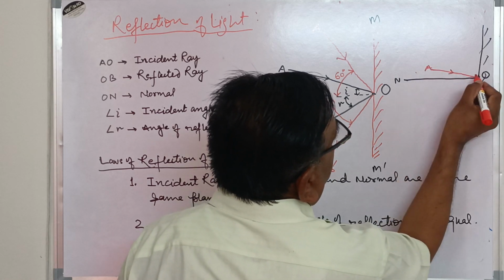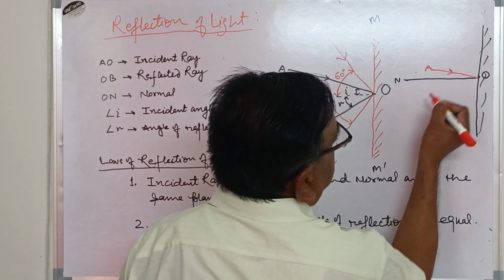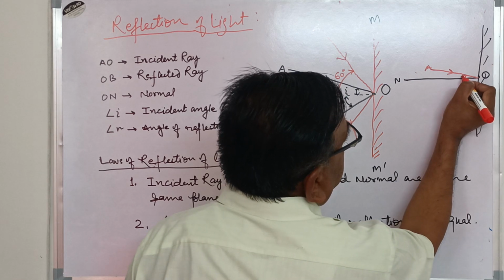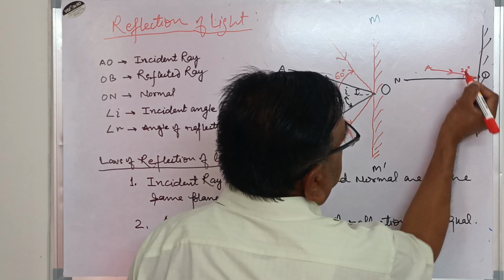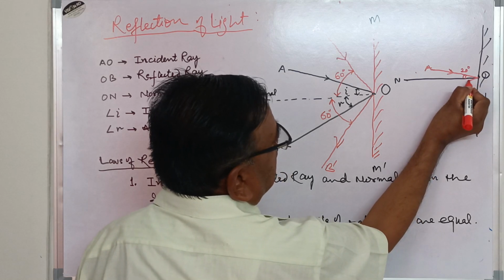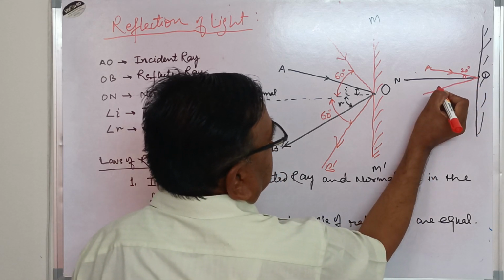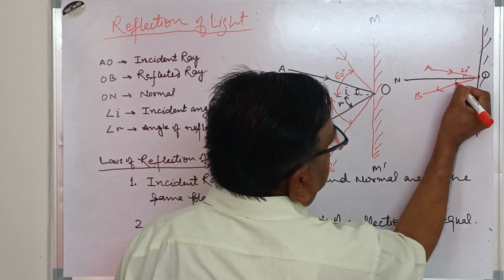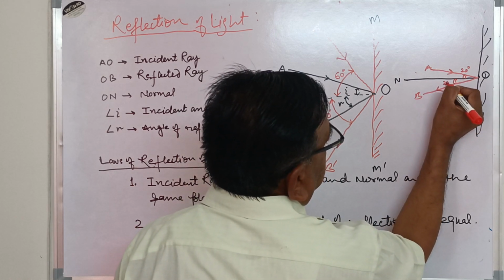If AO is the incident ray, this is the angle made with the normal. Say it is 20 degree. Then what happens? Making 20 degrees with the normal, this reflected ray, this angle also will be 20 degree from the normal.